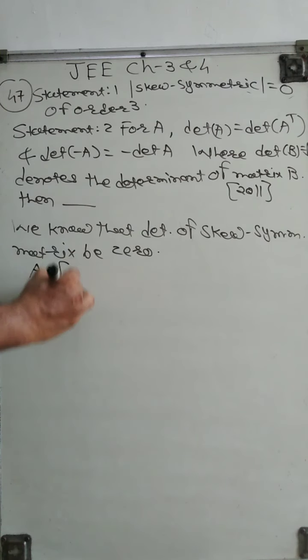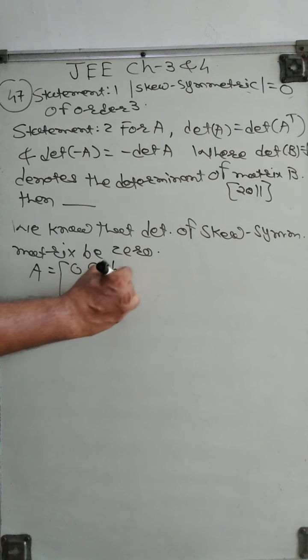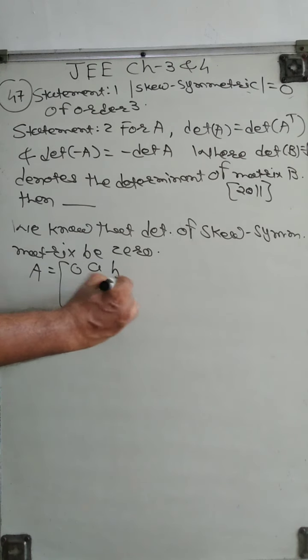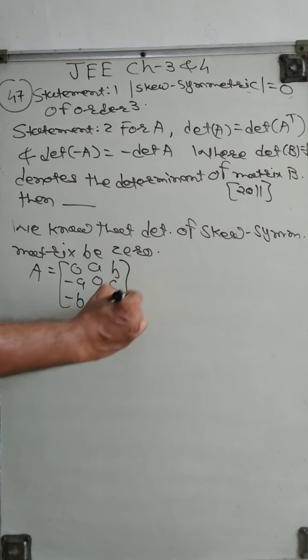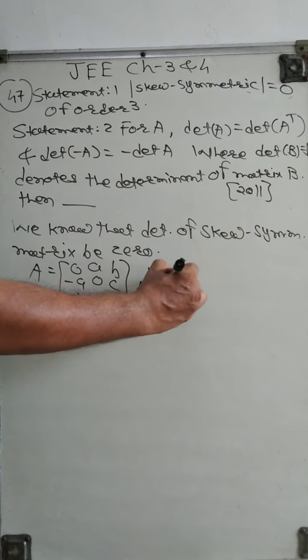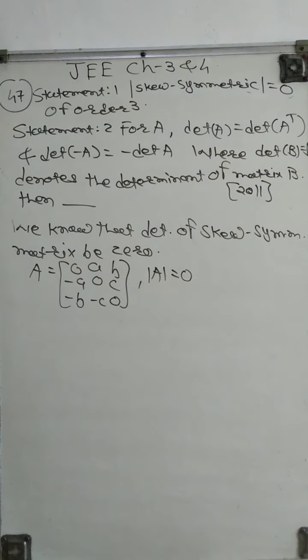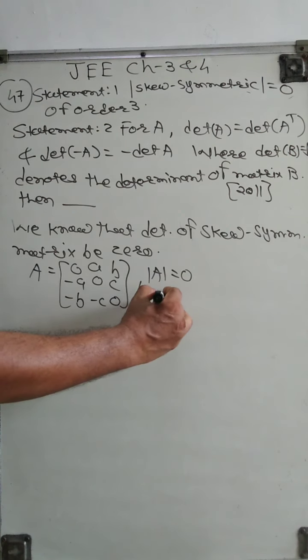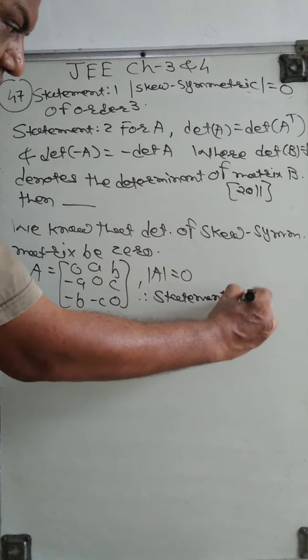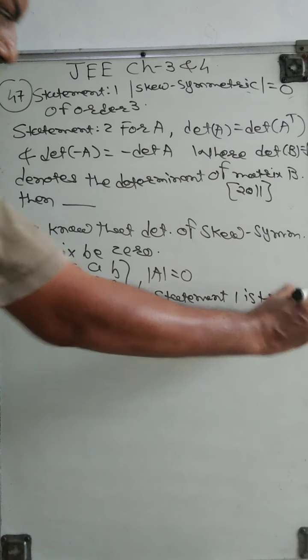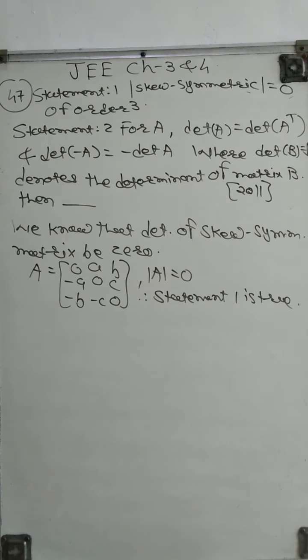If we take A equal to the matrix with rows 0, A, B; minus A, 0, C; minus B, minus C, 0, then determinant of A must be 0. Therefore, first statement is true. Therefore, statement 1 is true. Right? Okay.